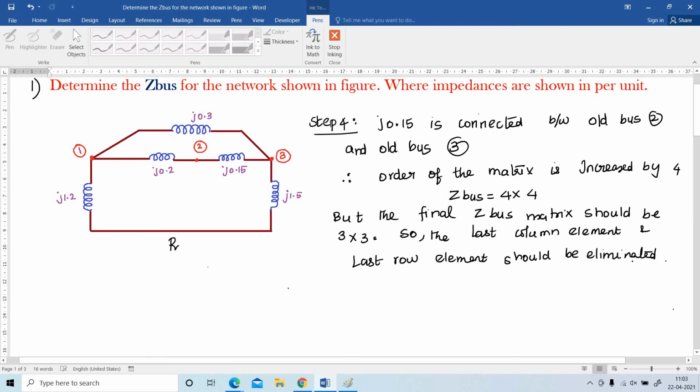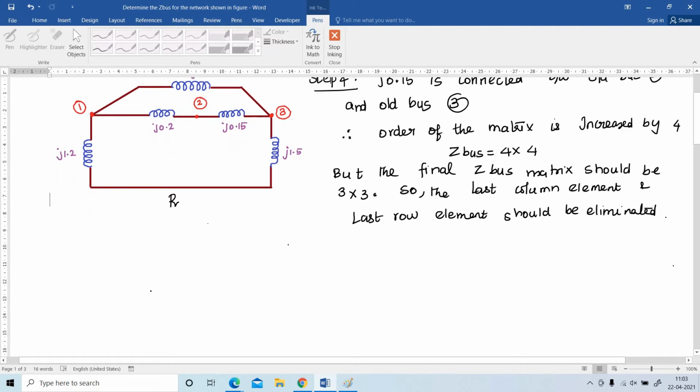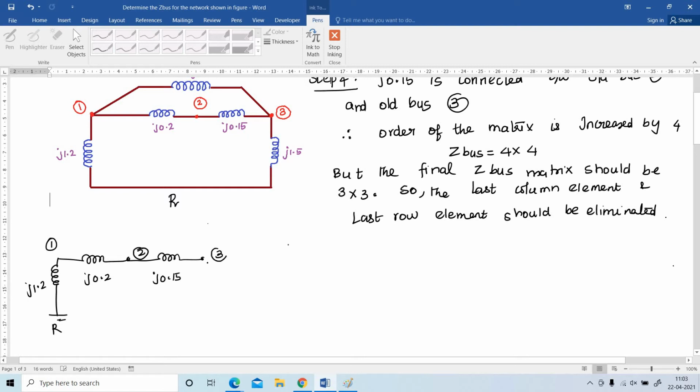Now I am going to draw the diagram and write the Z bus matrix. Okay, 1, reference bus, J1.2, then it is connected to 2, J0.2, then it is connected through J0.15 to 3, next it is connected to J1.5.